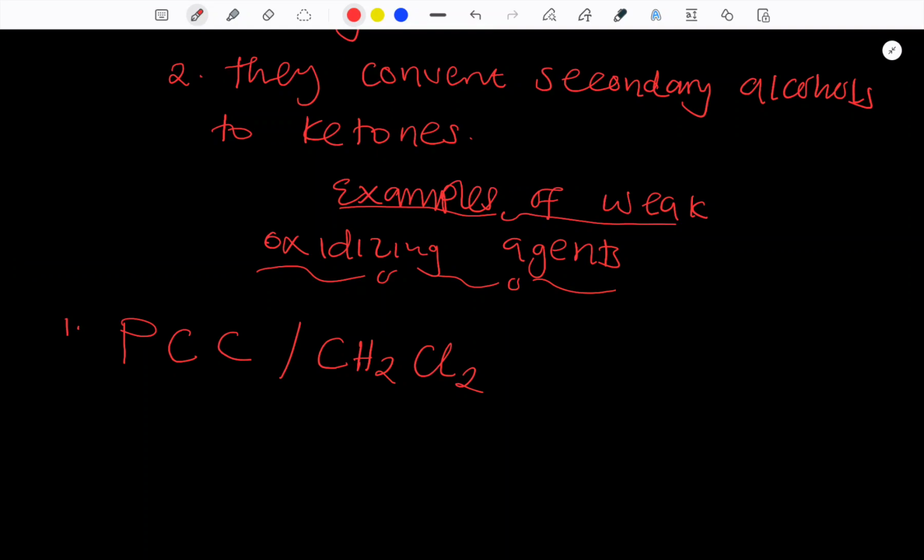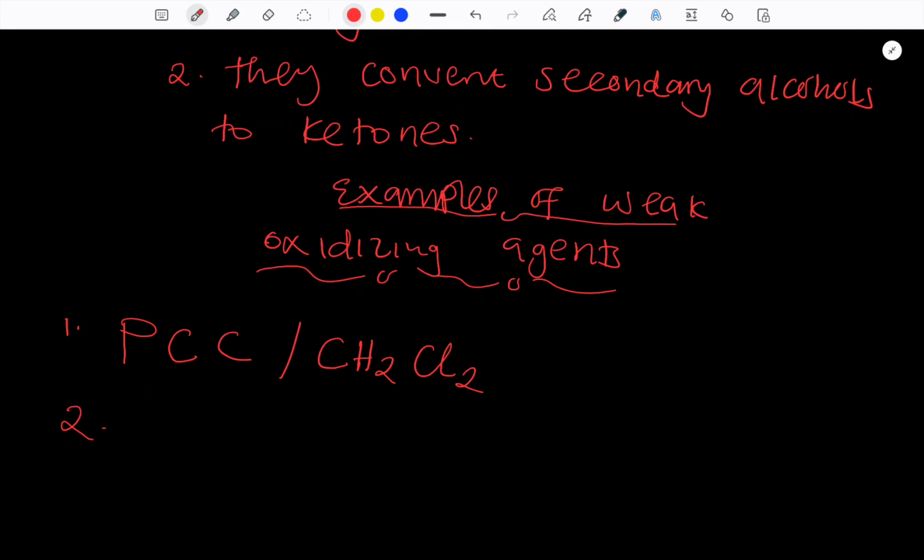Sometimes you may be wondering what PCC means. PCC means pyridinium chlorochromate. Number 2, we have DMP. Sometimes they just use the name exactly.